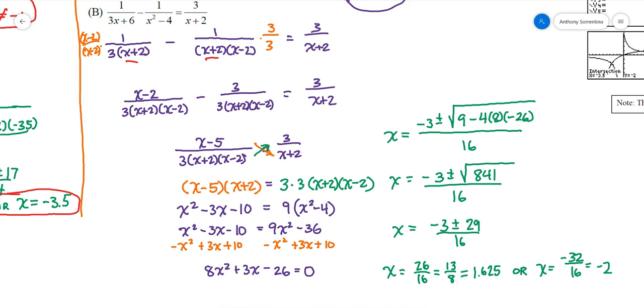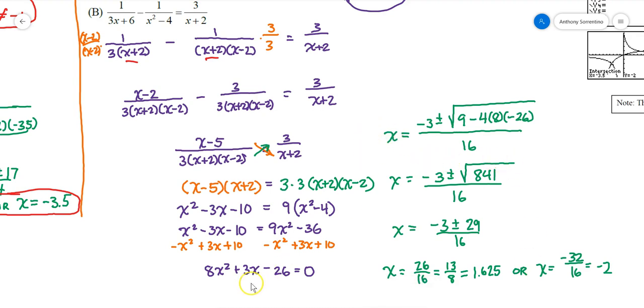But wait. These are the two solutions I have, but again, all of this work that I did, every bit of it was working under the assumption that each of the three original rational expressions were producing values that exist. And the fact of the matter is there are some values of x where that would not have happened.